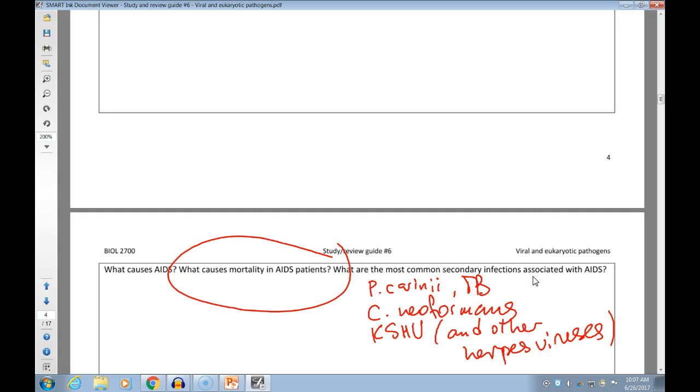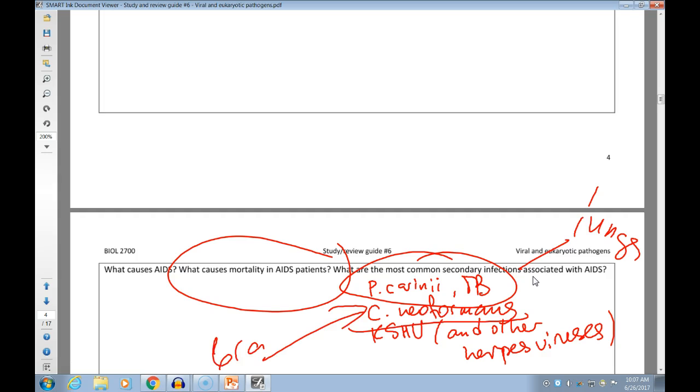Does that make sense? Question? So that's lungs. That's brain. This is skin cancer. Okay.